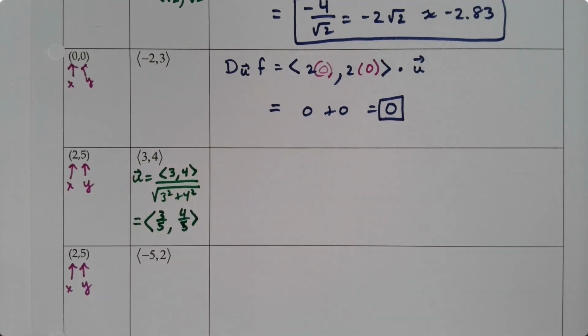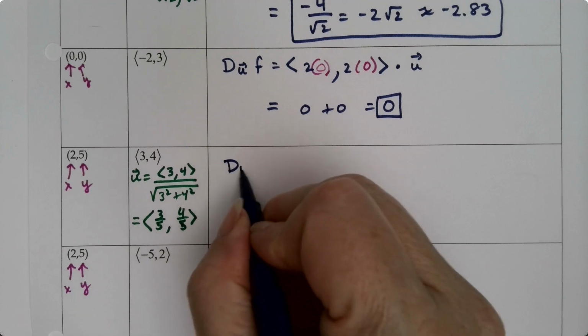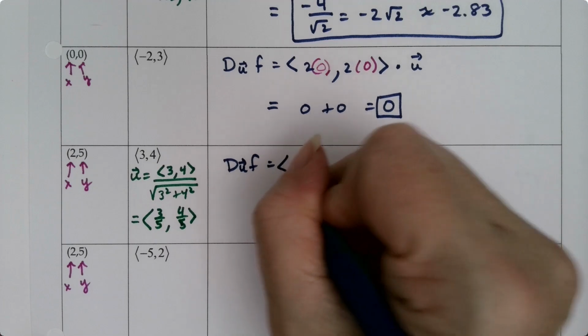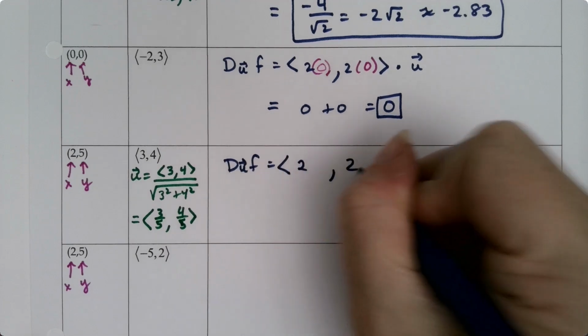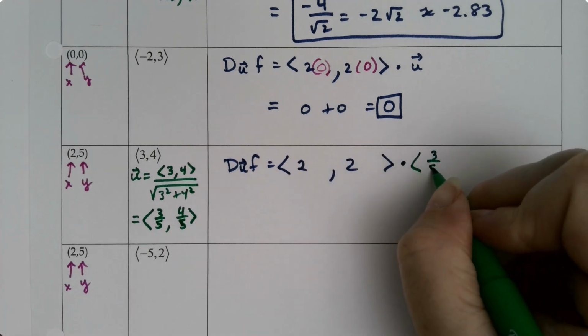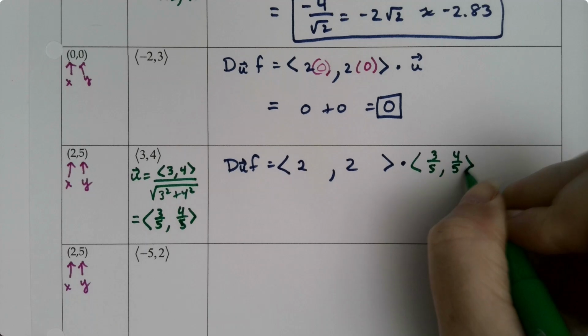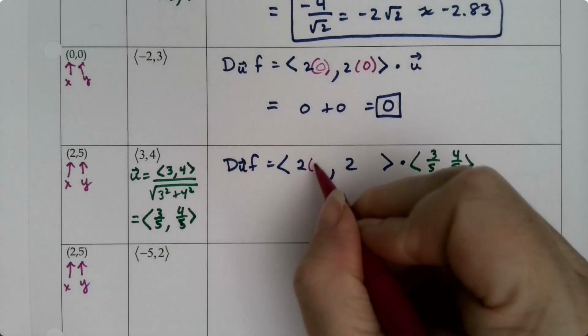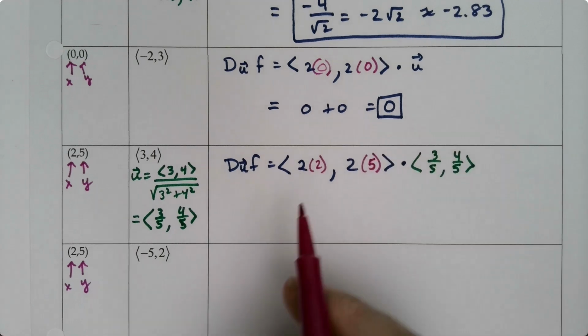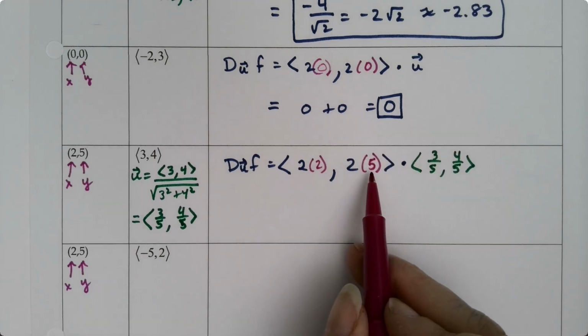Okay, so when I want the directional derivative, I'm going to take the dot product of the gradient, and of course it's not just 2, it's 2 times 2 and 2 times 5, because those are the x and y values that I'm using.